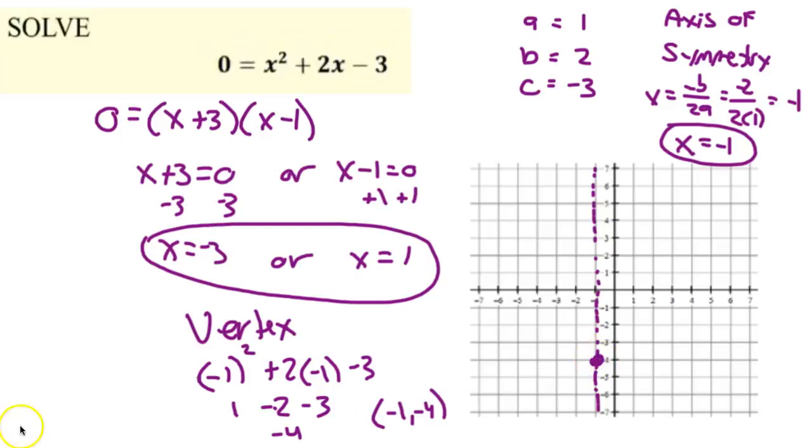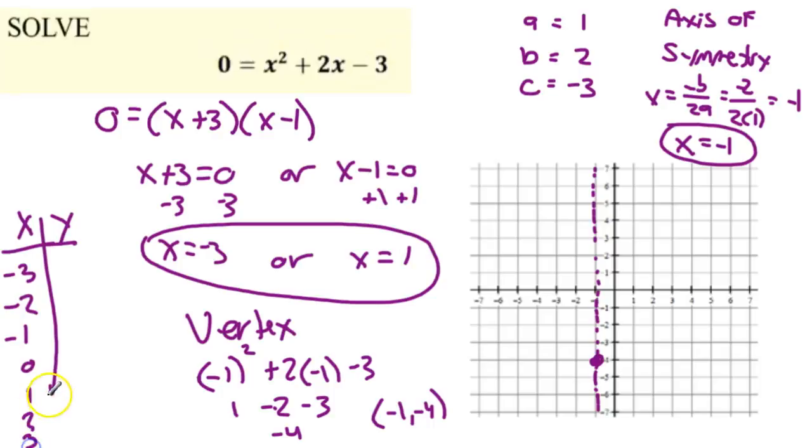That's our vertex. Now if I wanted to graph the rest of this, you can make an XY table and fill everything in. You could say negative 3, negative 2, negative 1, 0, 1, 2, 3. We could do that, but I'm going to show you a shorter way. When we factor this, we got x equals negative 3 or 1.